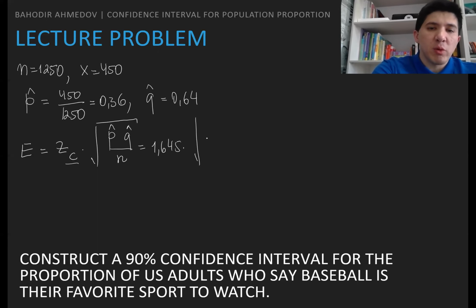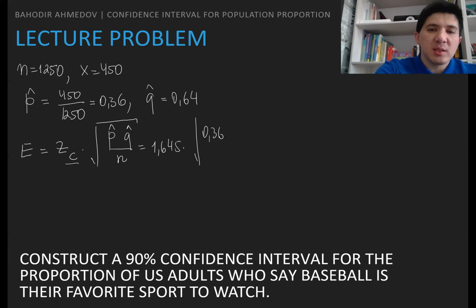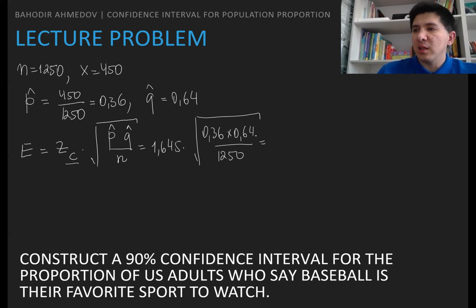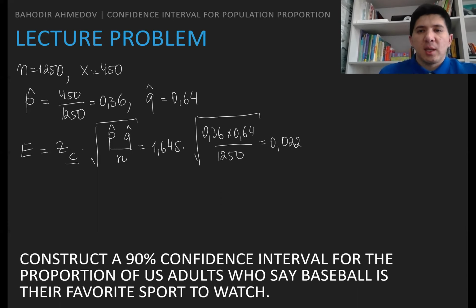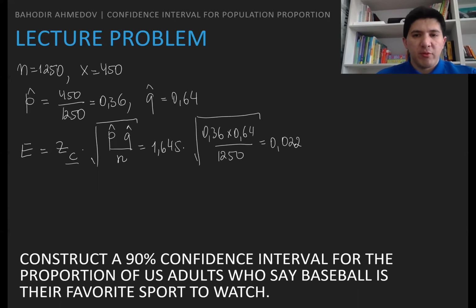It's going to be the square root of 0.36 times 0.64 divided by 1,250, which is the sample size. And if we calculate this, it is going to be 2.2%, I guess. So 0.022, or we say 2.2% for simplicity.